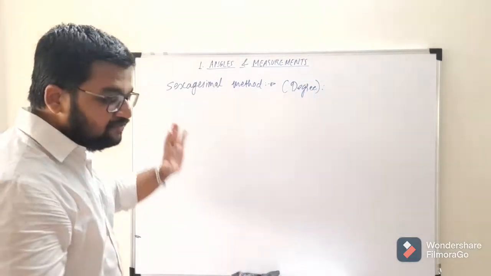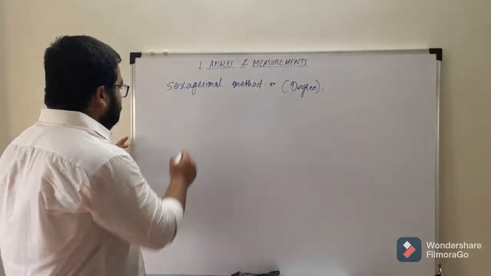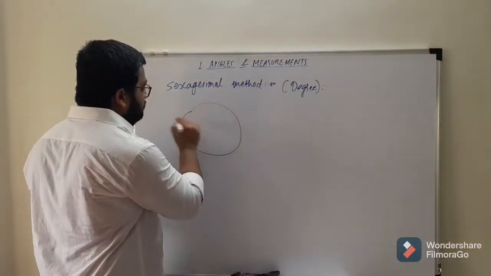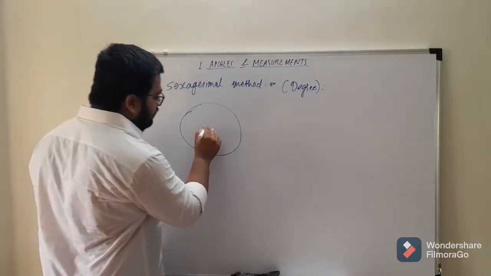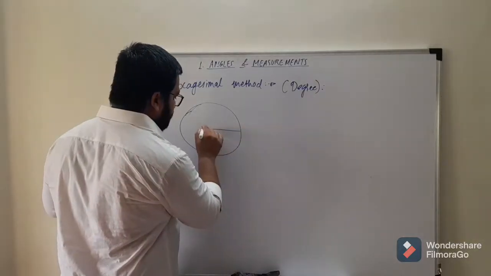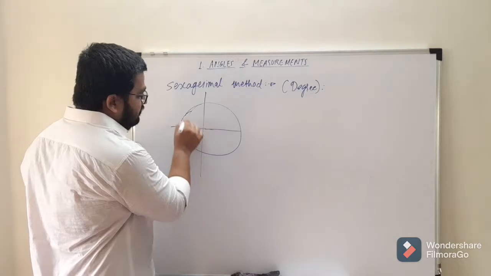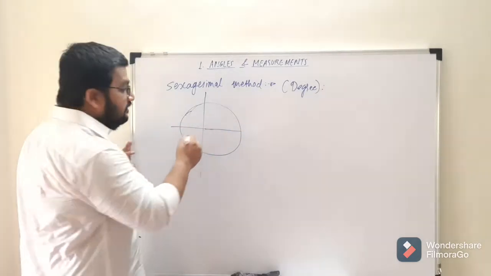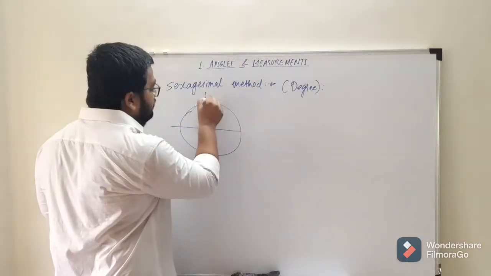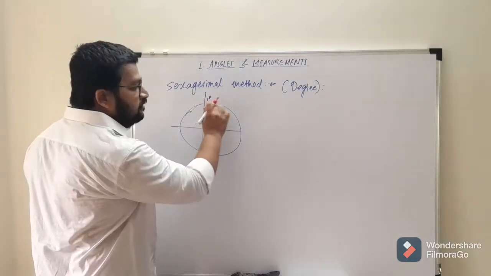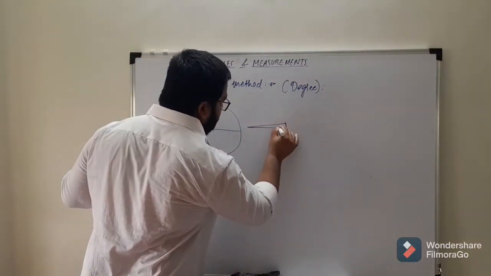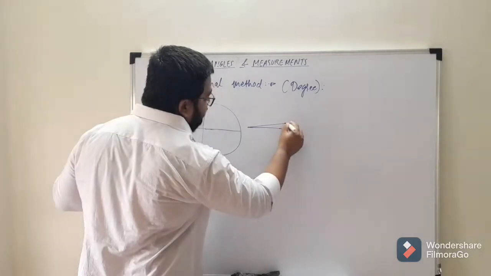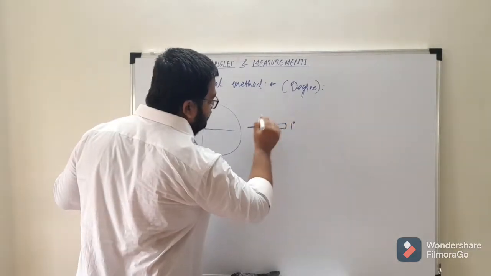So what is this method basically? We all know the entire circle is 360 degrees. If we divide the circle into 360 parts, each part is called 1 degree. Suppose this is one part of 360, then the one part will look something like this, as a piece, a sector. This will be 1 degree.